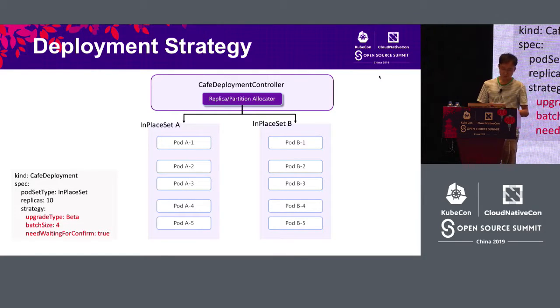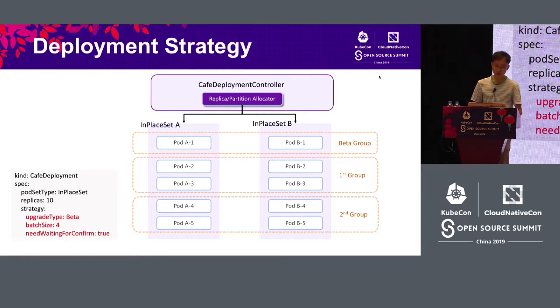The left bottom is part of the specs of the cafe deployment, and we have 10 replicas. By default, they are divided equally to the 2 data centers, and in-place set A has 5 pods, and in-place set B also has 5 pods, and we also have the beta upgrade type. The 10 pods will be divided into 3 groups.